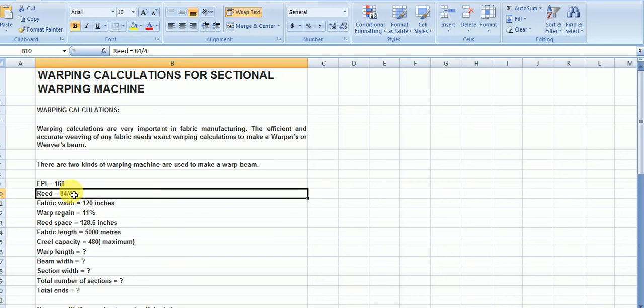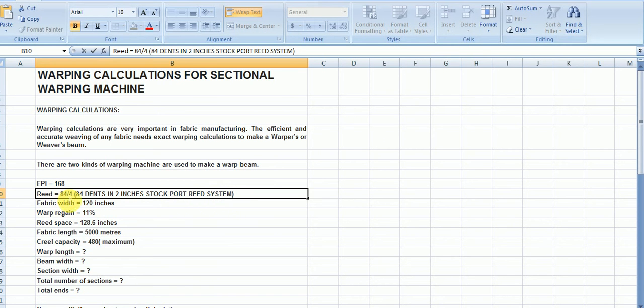This is very important. 84 is nothing but 84 dents in 2 inches, as per the Stockport reed system.